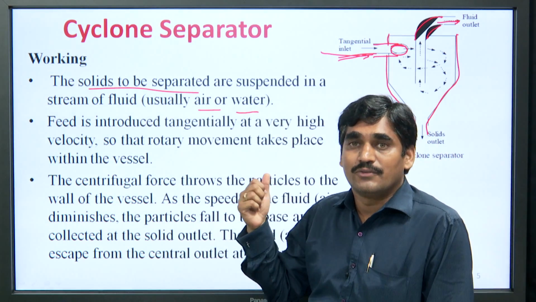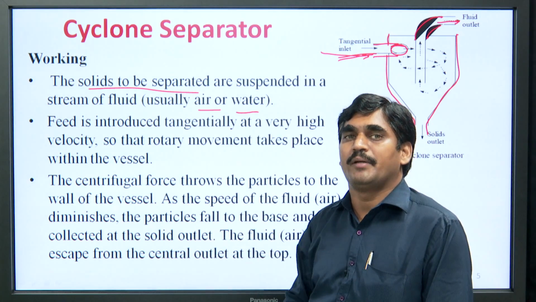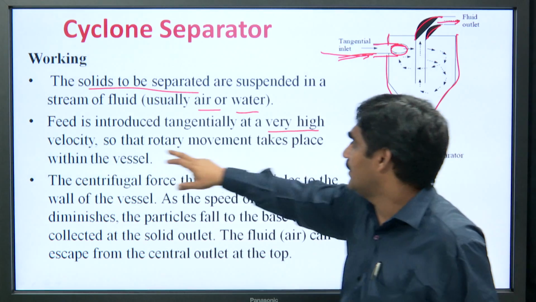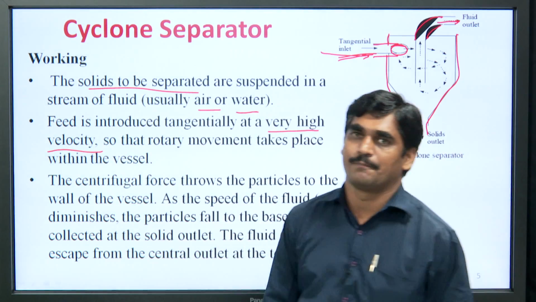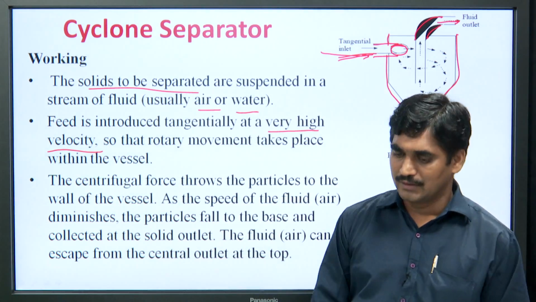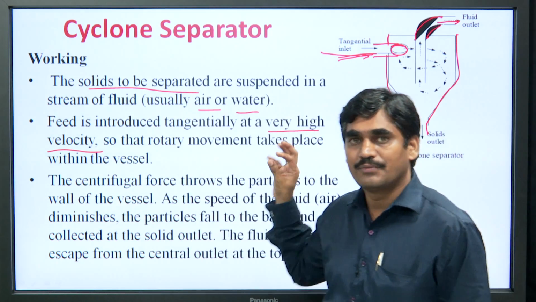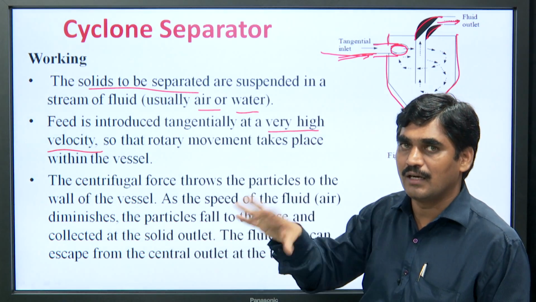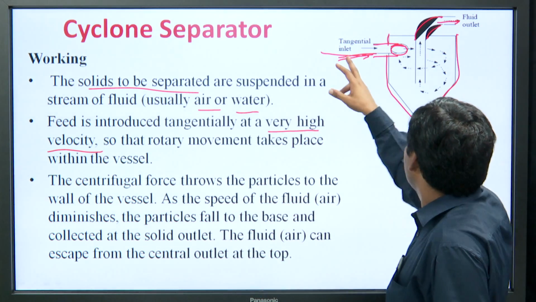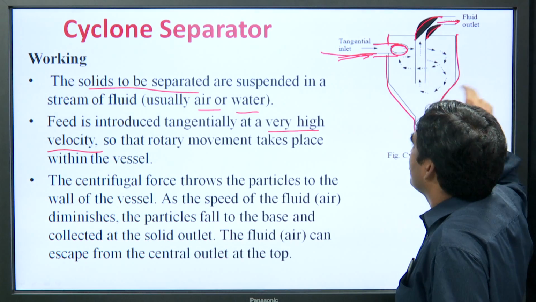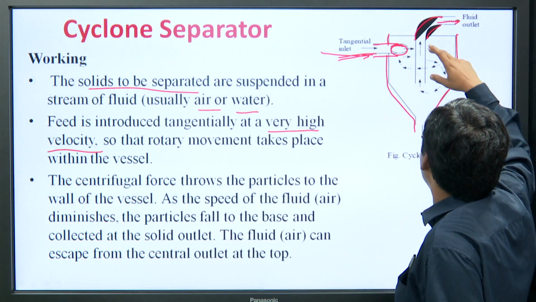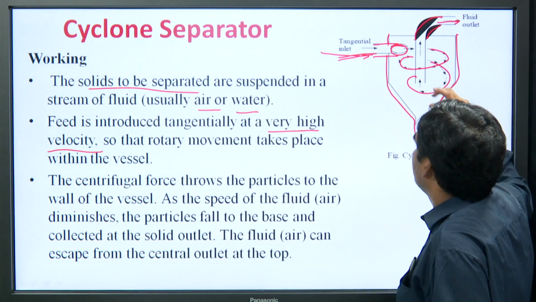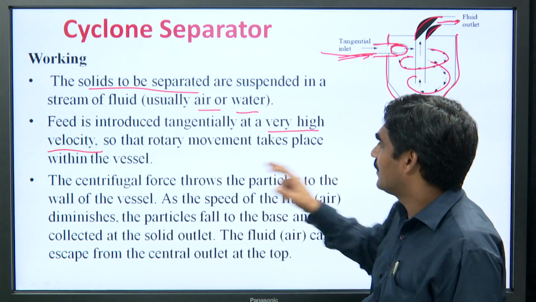In this case, velocity plays an important role. The fluid is introduced into this cyclone separator at a very high velocity. Due to this high velocity of introduction of fluid, a circulatory motion takes place. What happens?